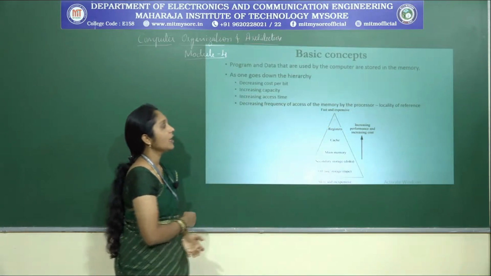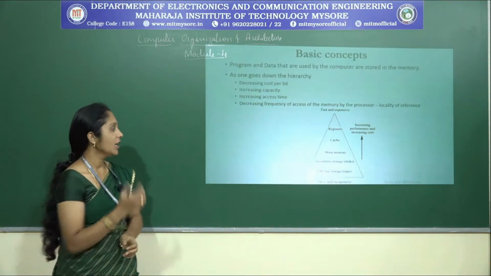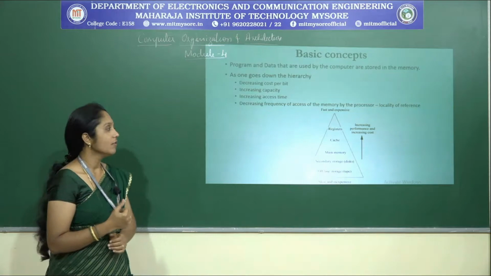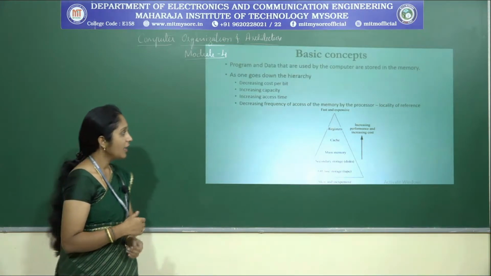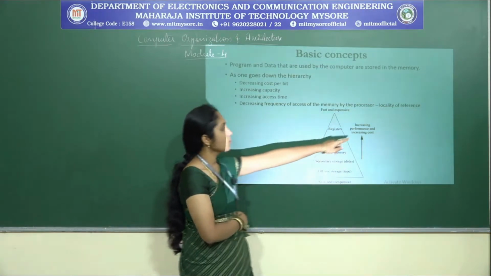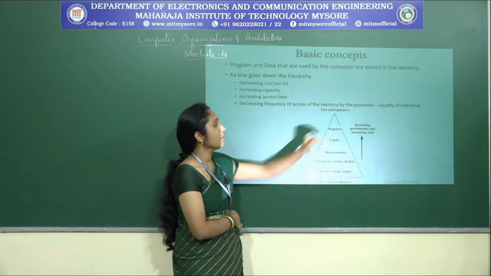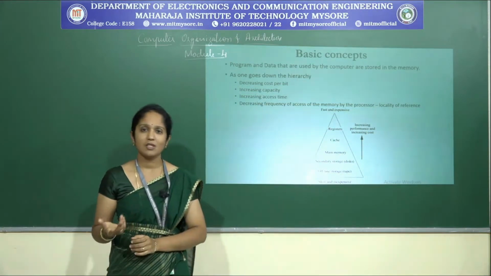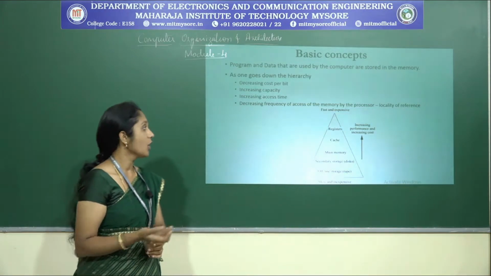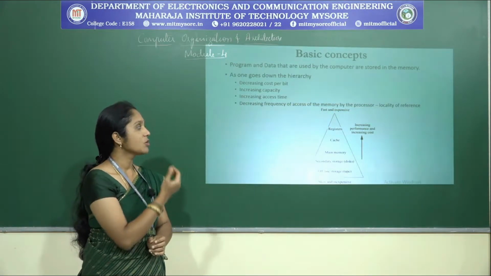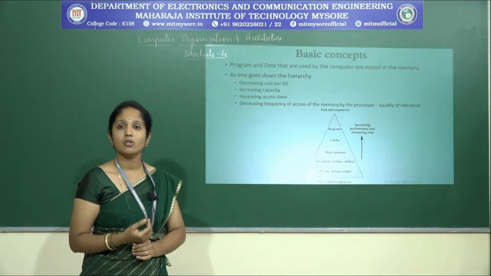This is the hierarchy of the memory elements we use in a computer system. Here you can see increasing performance and increasing cost. Increasing performance is nothing but the speed of operation, and with increasing performance there is an increase in the cost also.